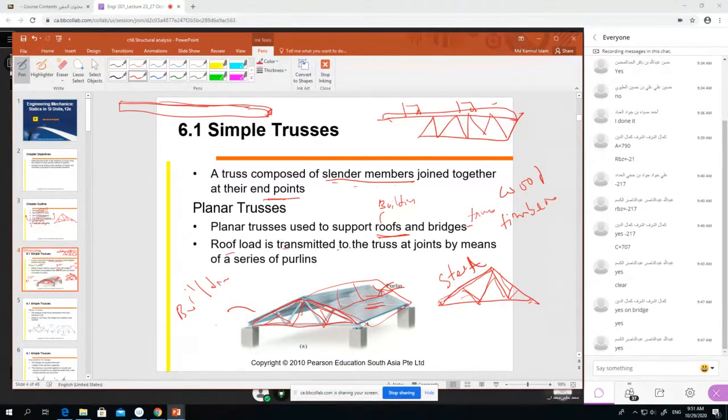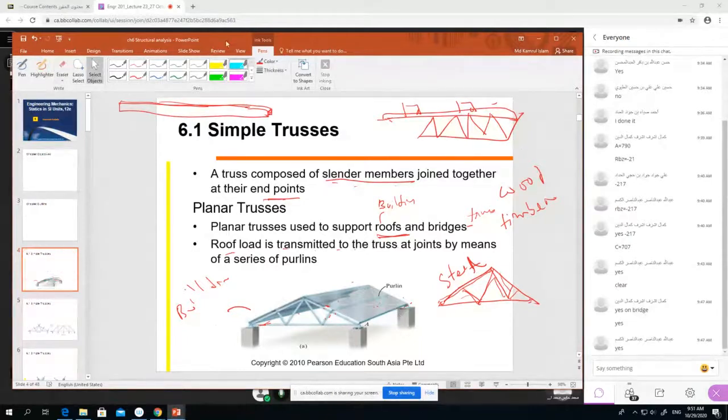Roof load is transmitted to the truss. Now here, load in the roof means force, as I told you, but when we talk in engineering terms, we say it is load. Then you can say that I am heavily loaded.